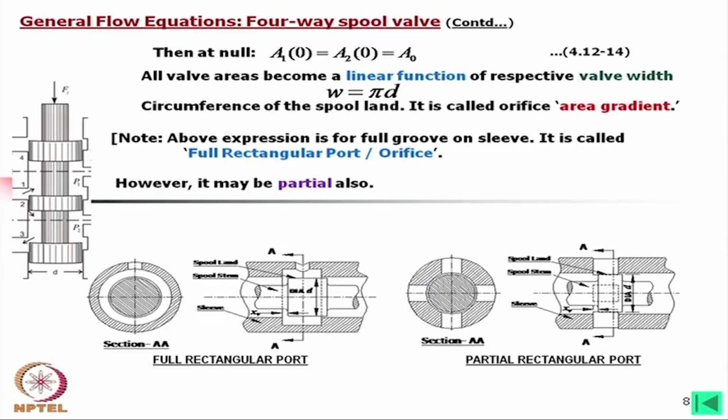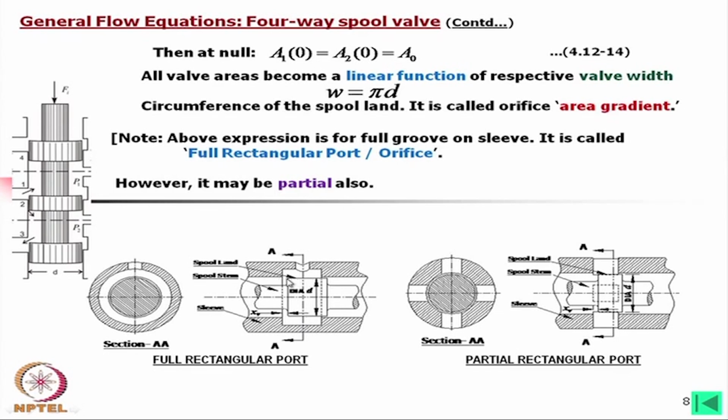Now, the question is why we would go for such a small rectangular hole in comparison to the groove. The reason is this: imagine this spool diameter, usually for very large flow, 30-40 liters per minute, this diameter will be around 10 or 12 millimeter.